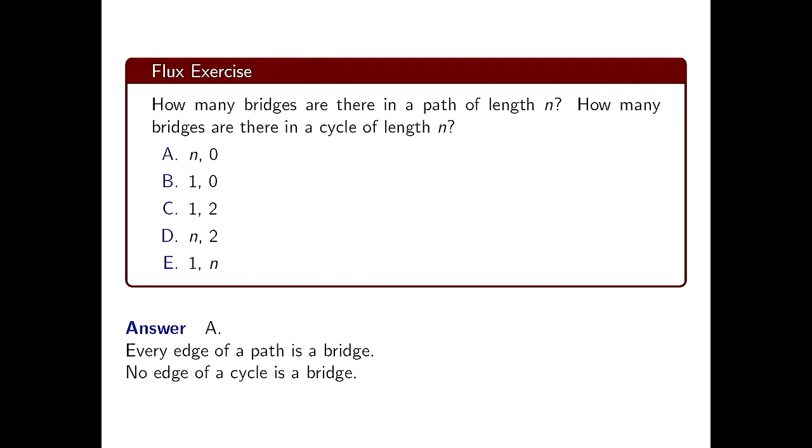Now, it is the case that if I took 2 edges away from a cycle, I could disconnect it. But that doesn't mean they're bridges. A bridge has to be an edge where you remove just that edge and it disconnects the graph. Question? What if we remove 2 edges? Would that be 2 bridges?